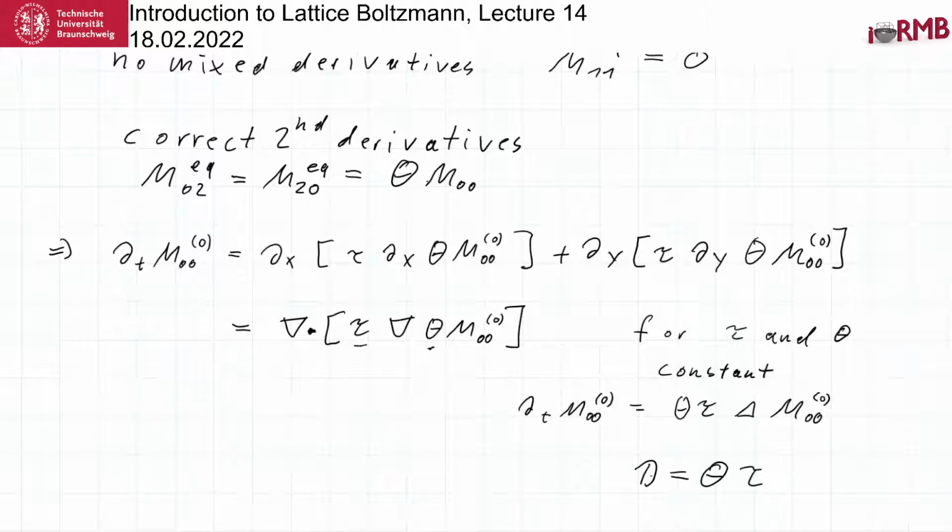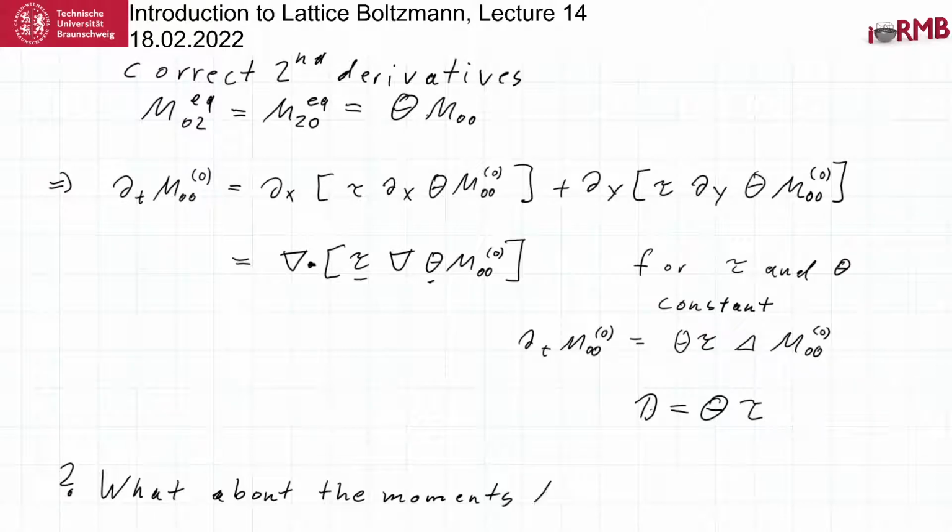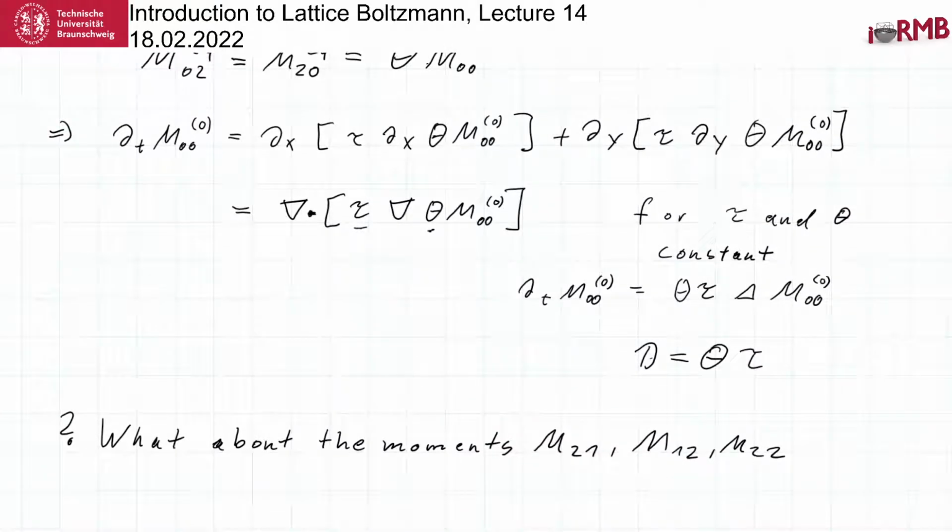So now we are already done, and we have not yet specified our model, because we still have other moments. What about the moments M21, M12, and M22, which we still have in the D2Q9 lattice? We see that for the leading equation they have no effect.